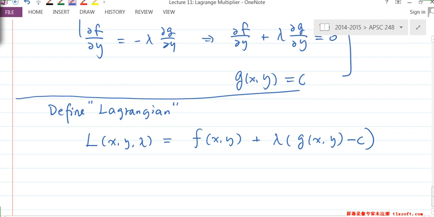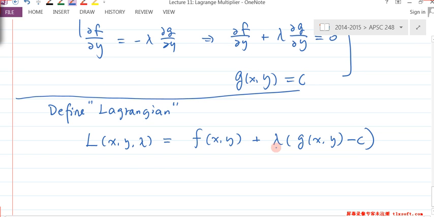Okay. So he defined a new function based on the original objective function f of x, y, and sometimes we call it cost function, and the constraint g of x, y equal to c. So combine these two together, with the Lagrange multiplier lambda here.